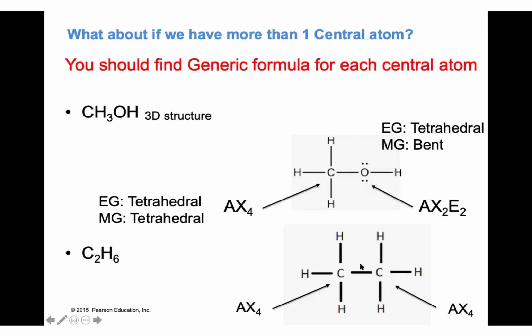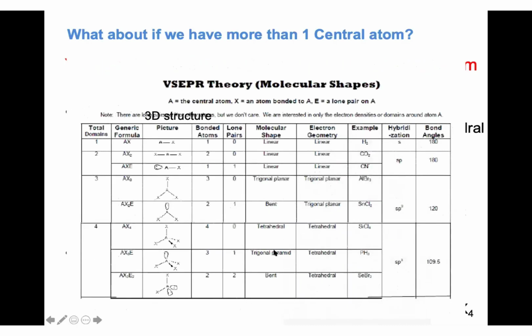Why? Because it has four bonds around the carbon. So when we go to the table again, we can find this X4 row belongs to any molecule or any central atom that has the X4 generic formula.